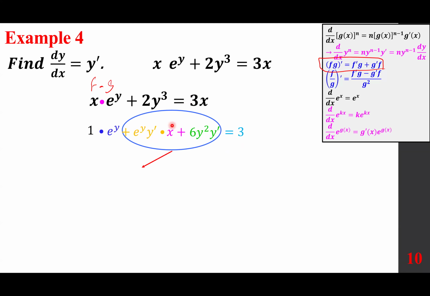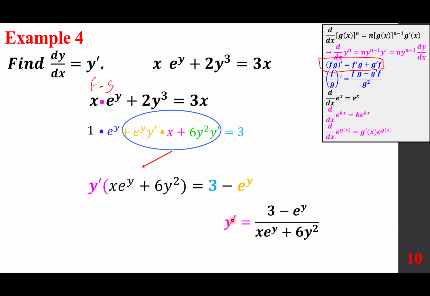Then we are left with x times e to the power of y and 6y squared. Divide both sides by the parentheses, and y prime becomes 3 minus e to the power of y over x e to the power of y plus 6y squared. Either y prime or dy dx makes no difference.